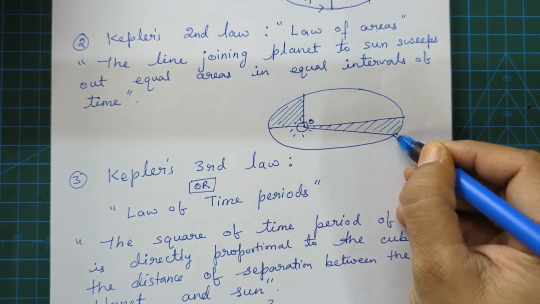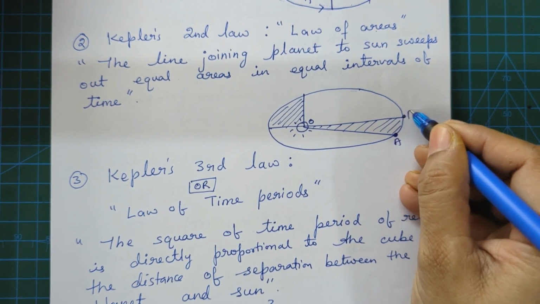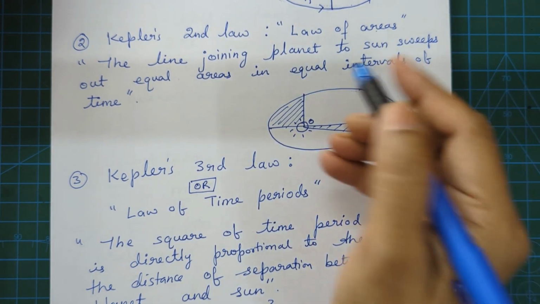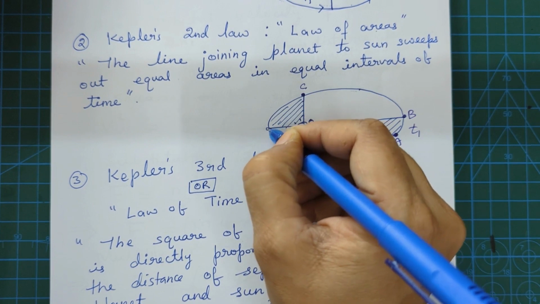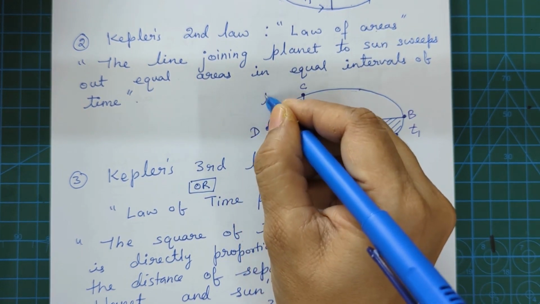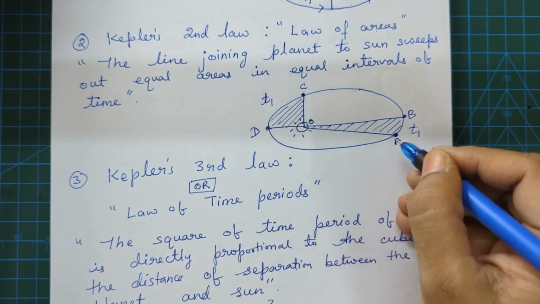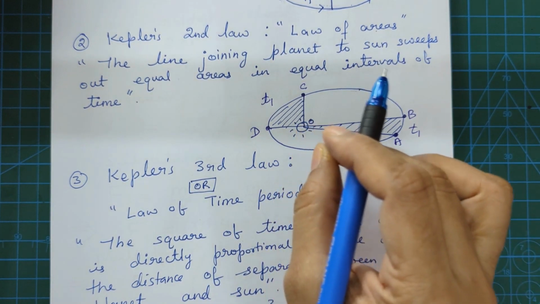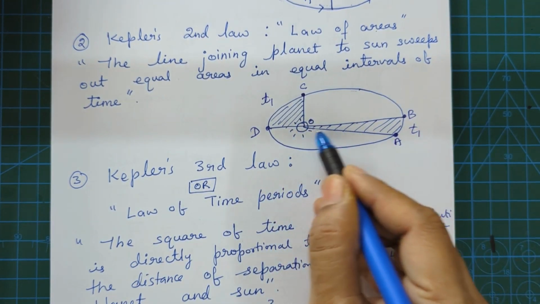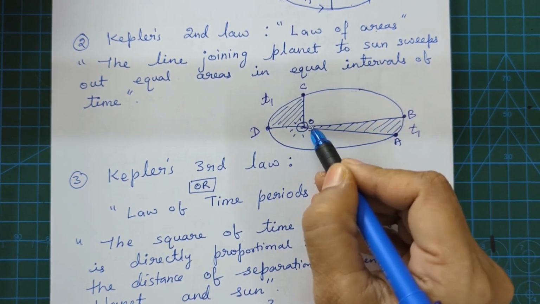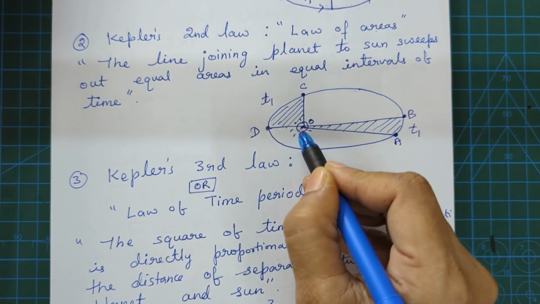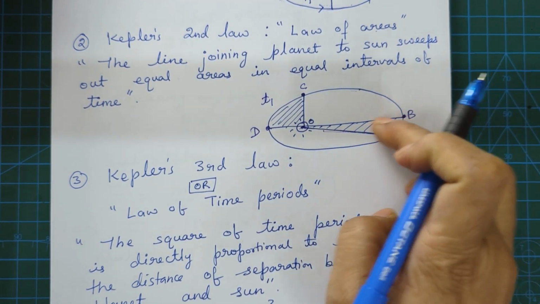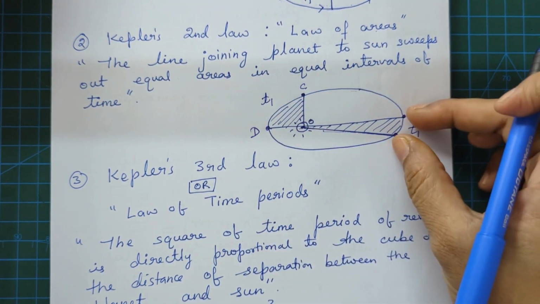Now from location A to location B, if the planet has taken some time t1, and from location C to location D, if the planet takes the same time t1, so A to B how much time, C to D the same time, then the line joining the center of the sun to the center of the planet sweeps out equal areas in equal intervals of time.